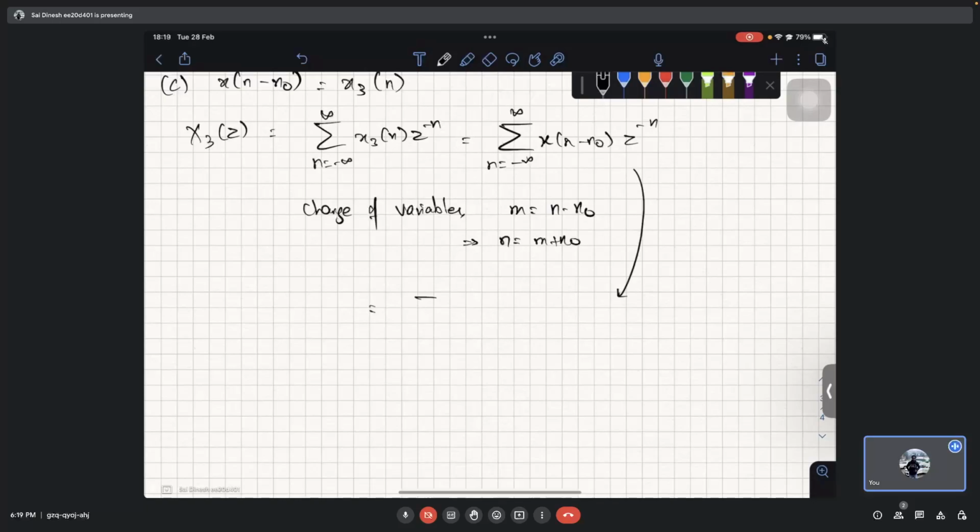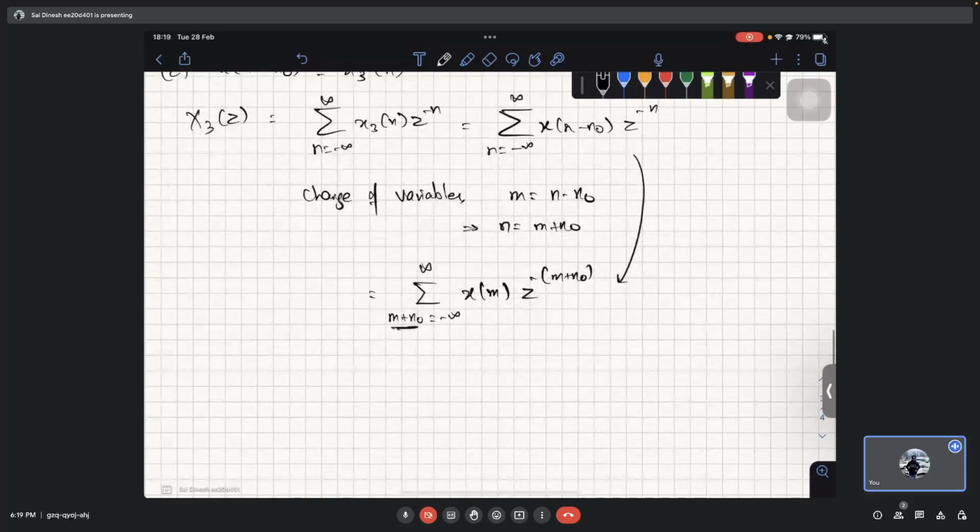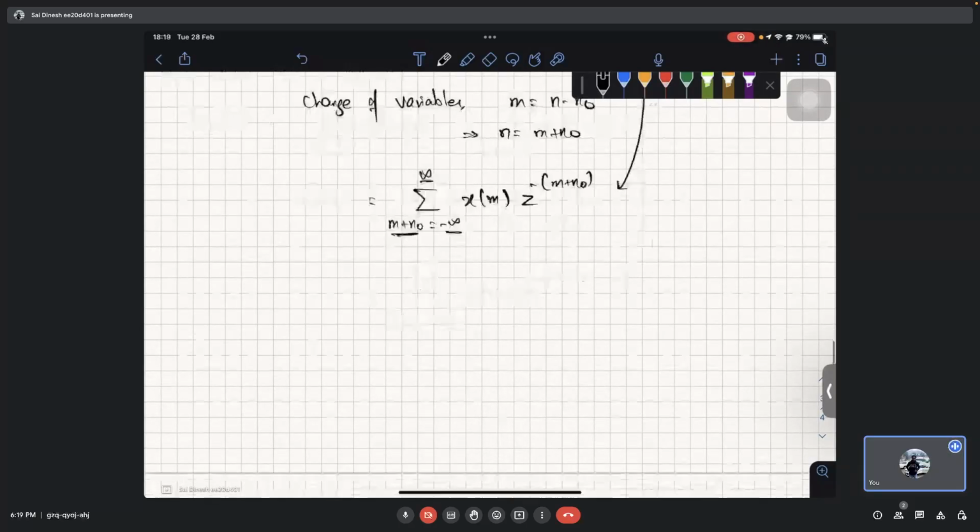So this will be equal to the sum over m + n0 equal to minus infinity to infinity of x(m) z^(-(m + n0)). But this doesn't actually change anything since this is from minus infinity to infinity.